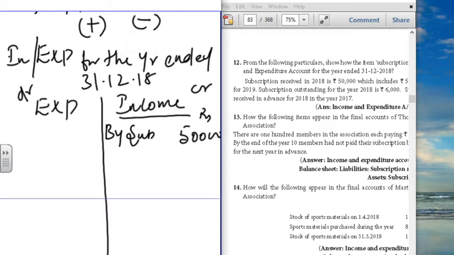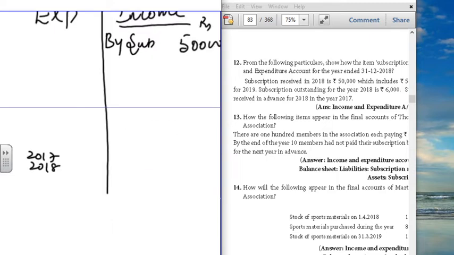I already said that before solving the problem, first you have to analyze the dates. So 3 dates are given: 2017, 18 and 19. 18 is your current year, 17 is your previous year, 19 is your subsequent year.